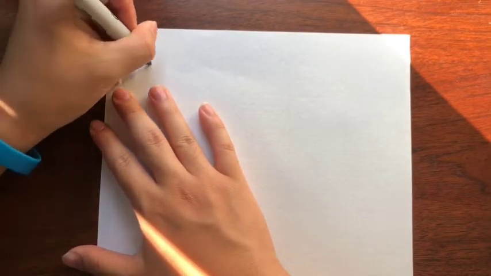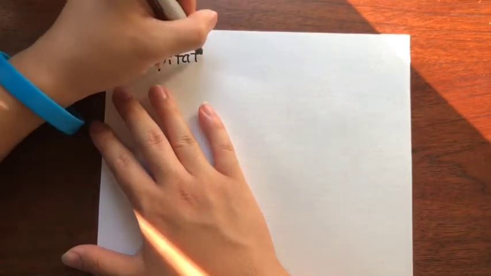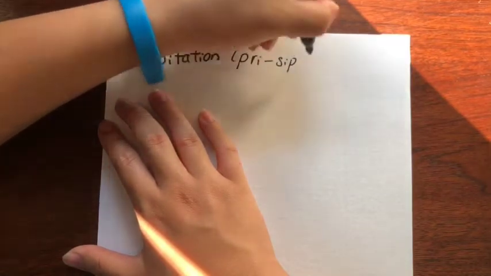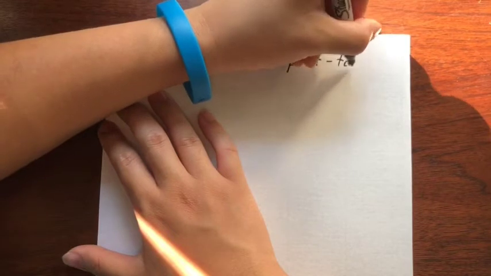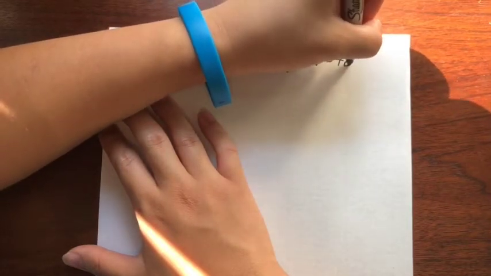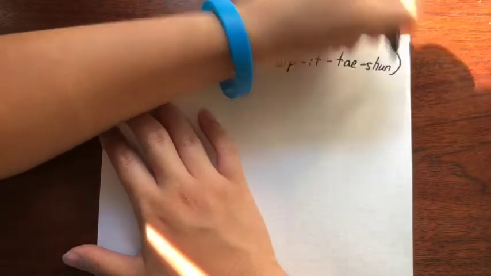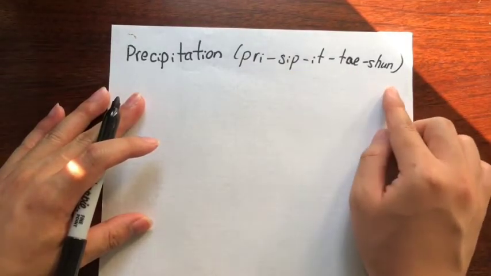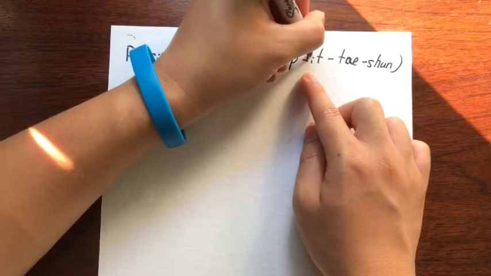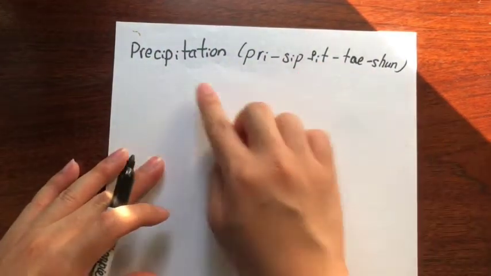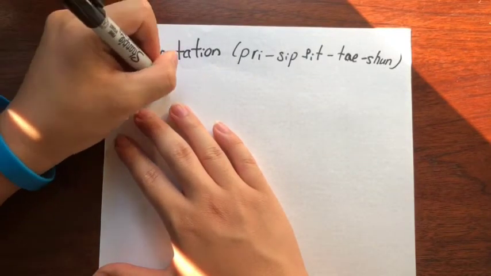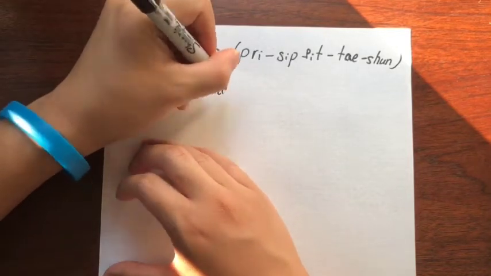Okay, so when we look at the weather, the word precipitation, that's the letter A. Precipitation means rain, snow, hail.